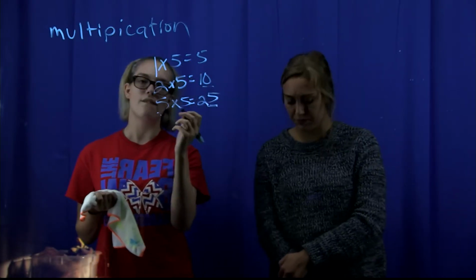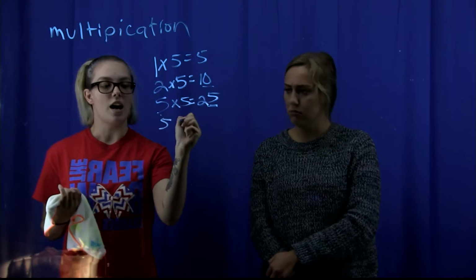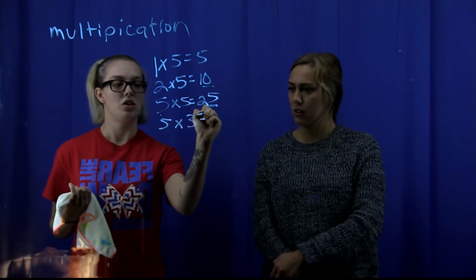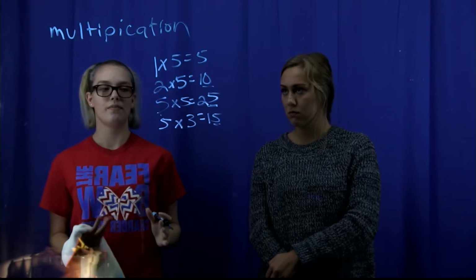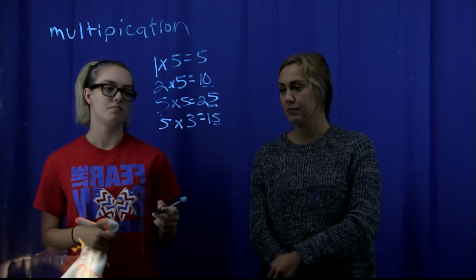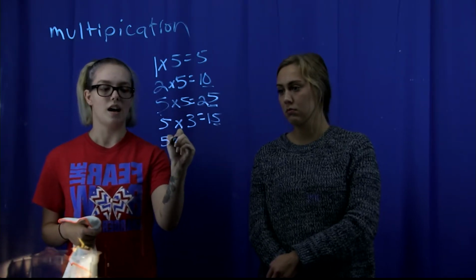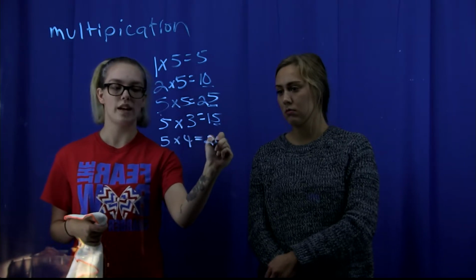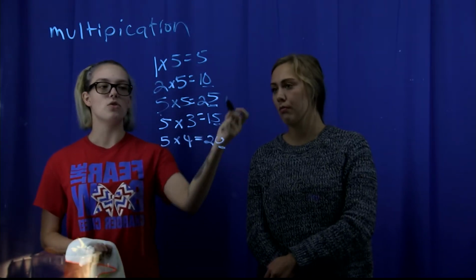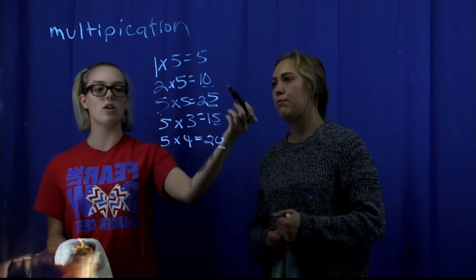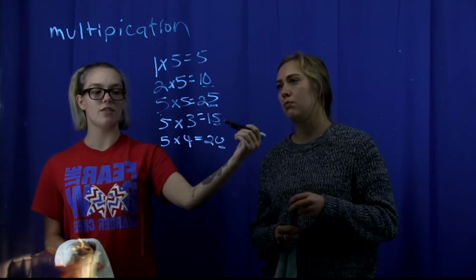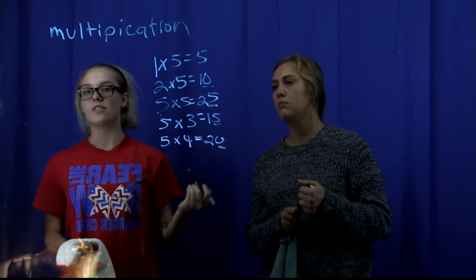So if you were to have 5 times 3, you get 15. And again, it ends in that 5. 5 times 4, 20, ends in that 0. Most of them are alternating. 2 ends in a 0, 3 ends in a 5, 4 ends in a 0, 5 ends in a 5.